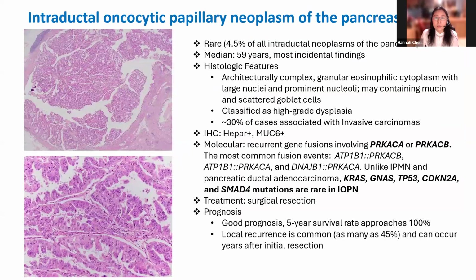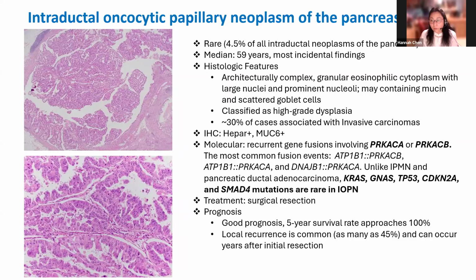So IOPN is very rare, accounting for only 4.5% of all intraductal neoplasms of the pancreas. Median age is 59 years old. Most are incidental findings. Histologically, again, architecturally it's very complex.